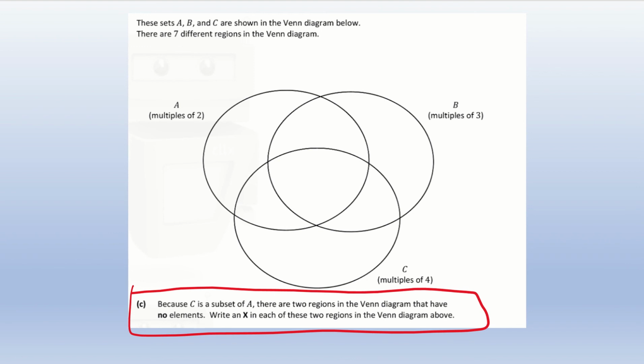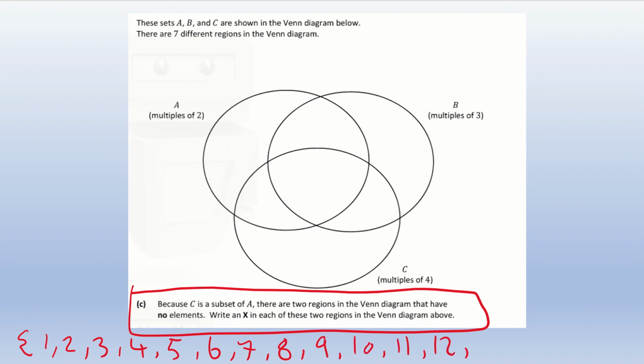Now, I think the best way to do this question is to take our C and our D together and try and fill in some parts of this Venn diagram. What I'm going to do is across the bottom here, I'm going to put the numbers 1, 2, 3, 4, 5, 6, 7, 8, 9, 10, 11, 12, let's go 13, 14, 15. And I'm going to fill in as much of these numbers as possible until I have a number in 5 of the regions here.